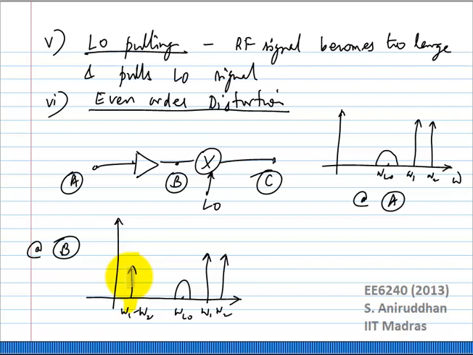Obviously the ADC will have to take care of the dynamic range of your received signal versus whatever other received signal is there in the other channels, right? Apart from that, everything else is similar between the heterodyne and the direct conversion.